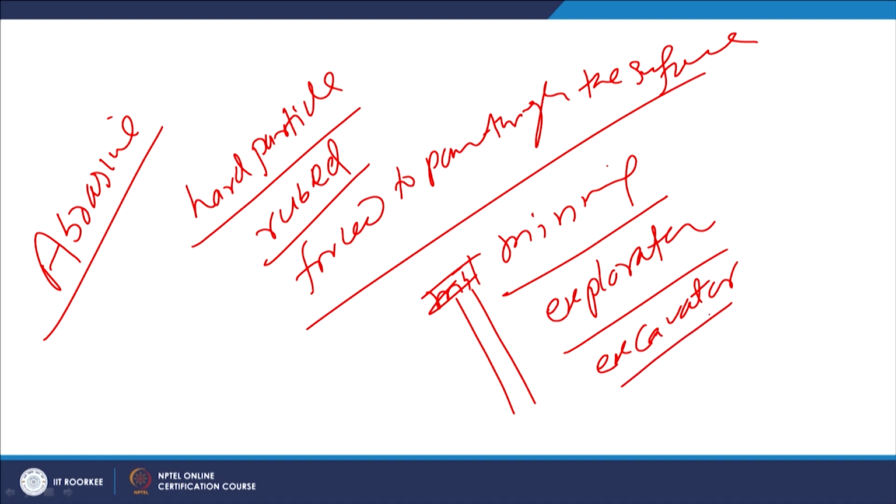So, this is basically used in the construction industry. Wherever hard particles are rubbed forcefully against other components, we will see some kind of abrasion taking place. So, rubbing of hard particles with metallic pieces basically causes abrasion.